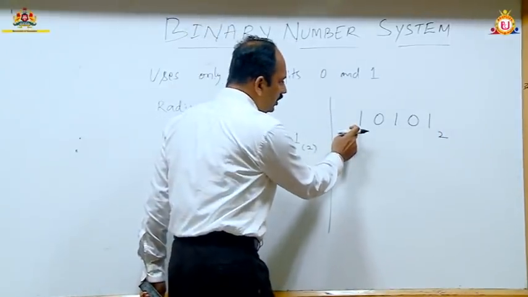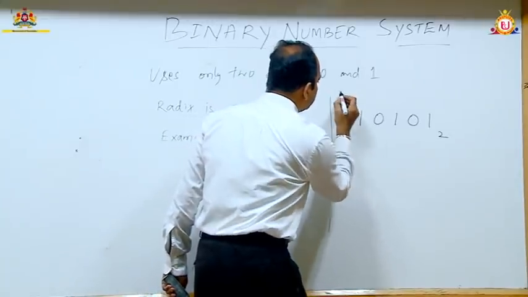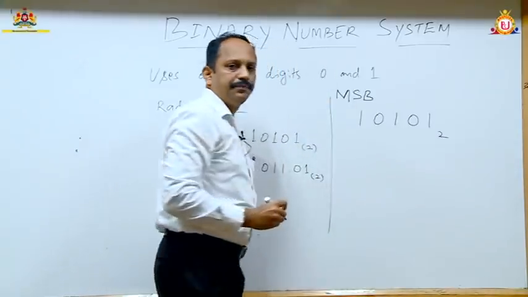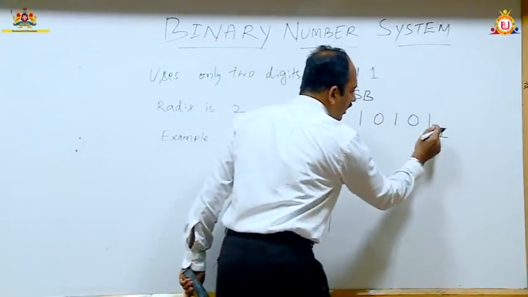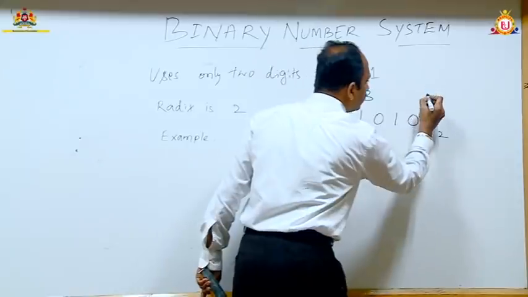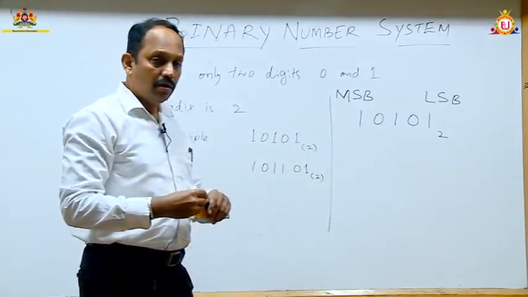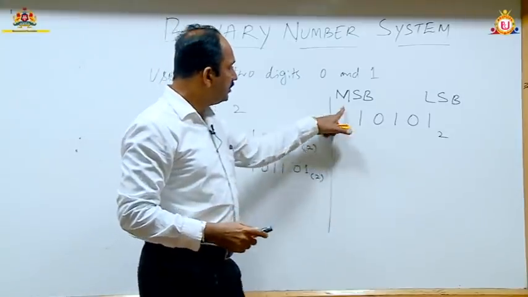The leftmost digit is called MSB and the rightmost digit is called LSB. What is the meaning of MSB and LSB?